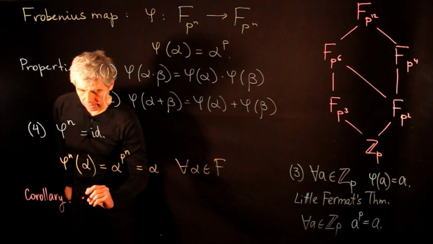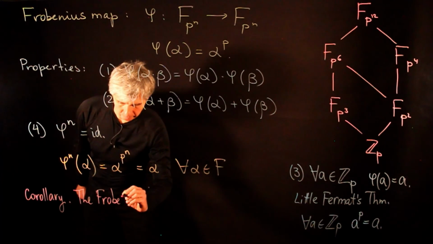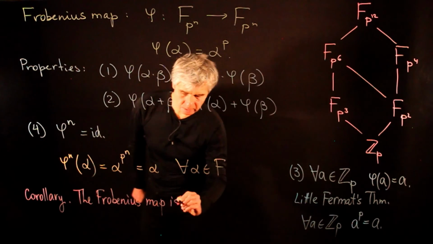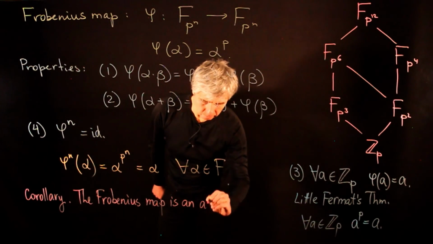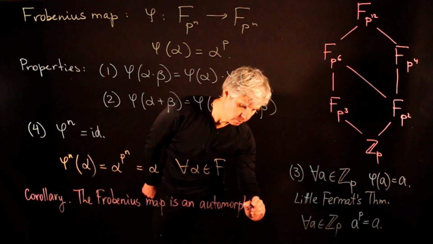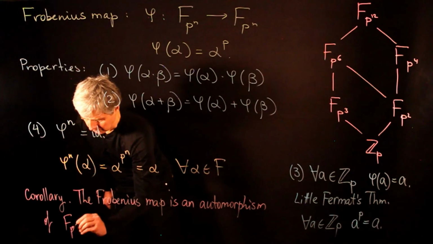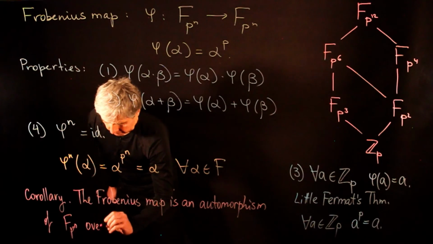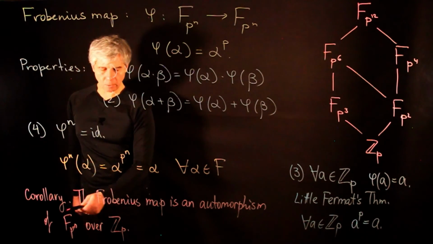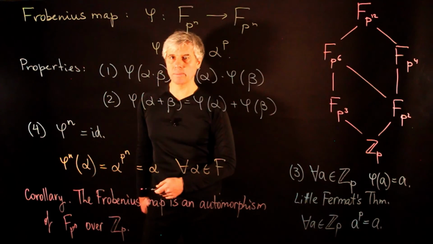we conclude that the Frobenius map is an automorphism of F p to the power n over Zp. This is an automorphism of this field that fixes elements of the subfield Zp.